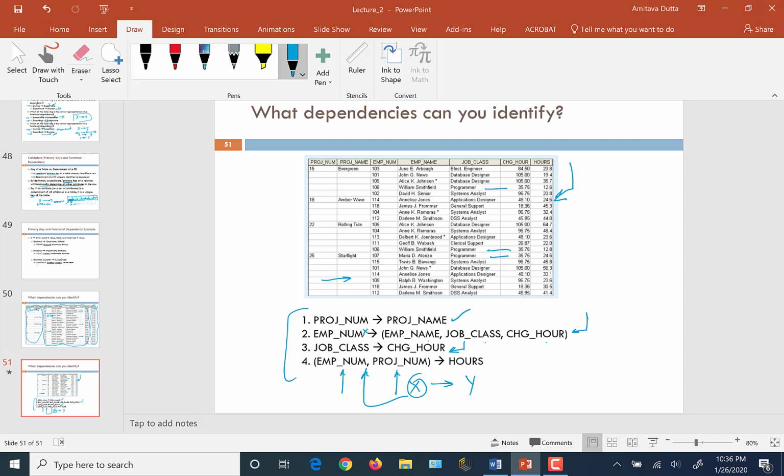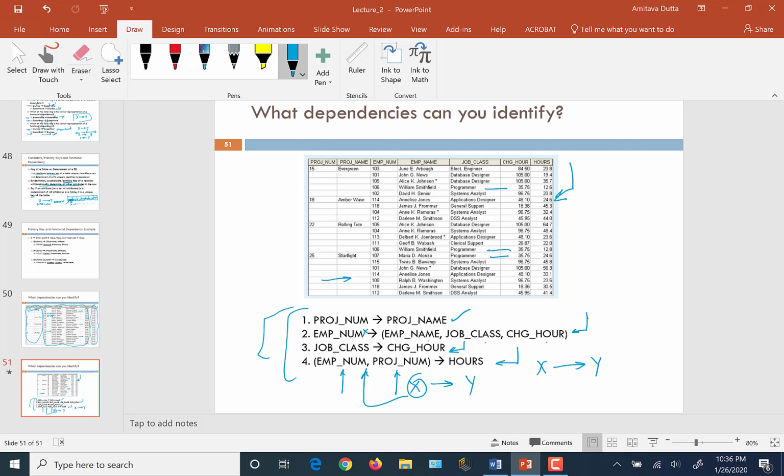So for the first three functional dependencies, the determinant was a single attribute. But for the last functional dependency, the determinant, in other words, the left side of the functional dependency, is composite.